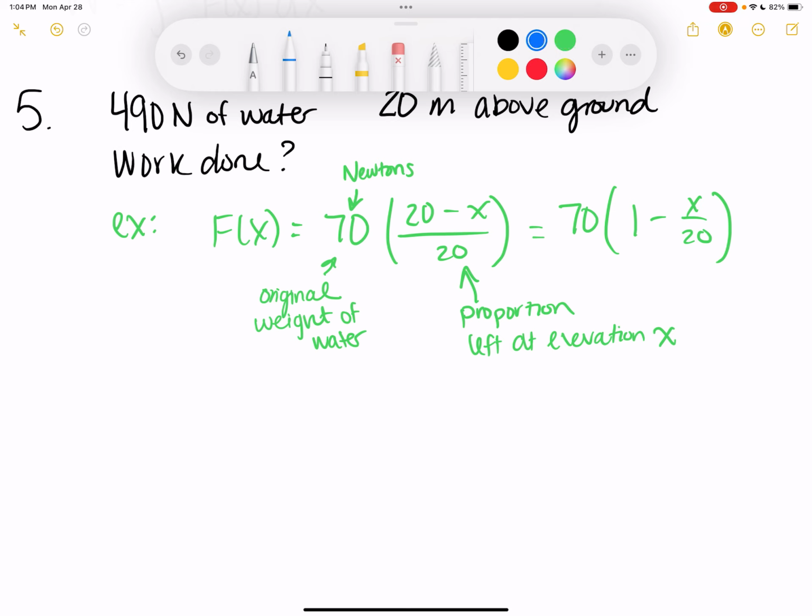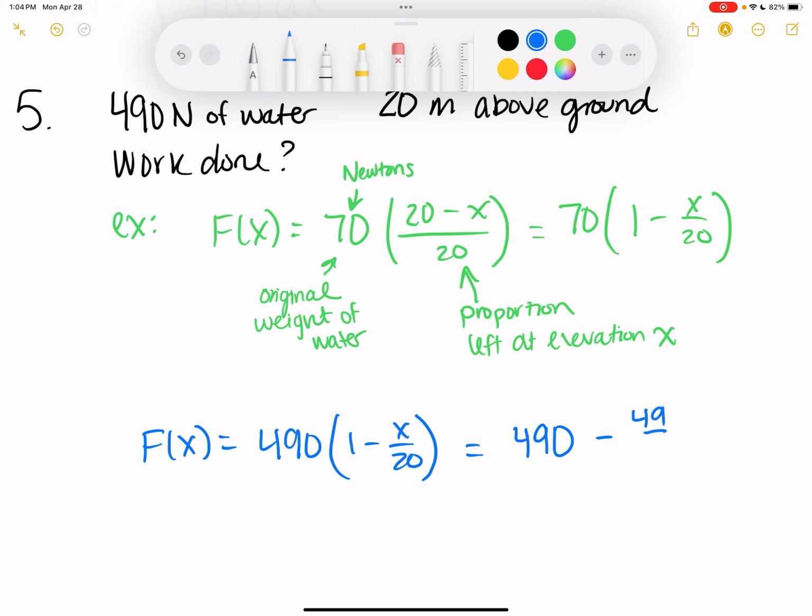So we've got the force is equal to 490 times, I'm going to go ahead and use this second method, 1 minus x over 20, which if I multiply that through would be 490 minus, let's see, the zeros would cancel, so 49x over 2.